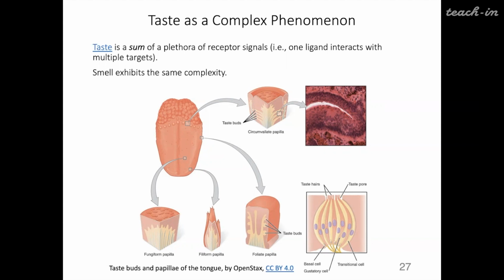But before that, let's consider the phenomenon of taste. As you may know, taste is a complex phenomenon because it's a sum of receptor signals, and the same is true for smell.